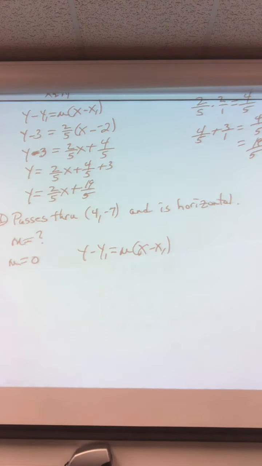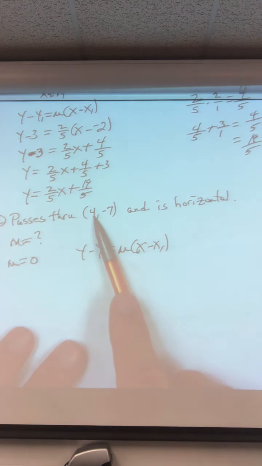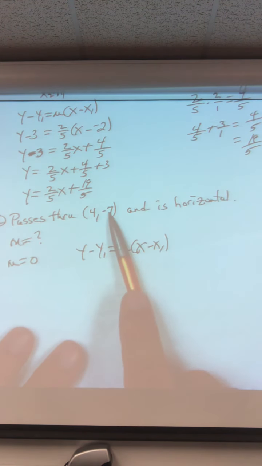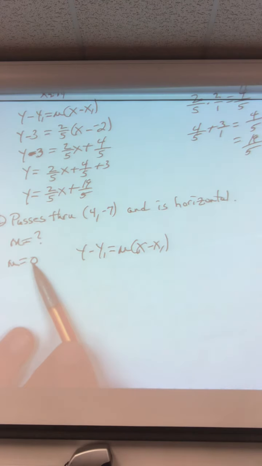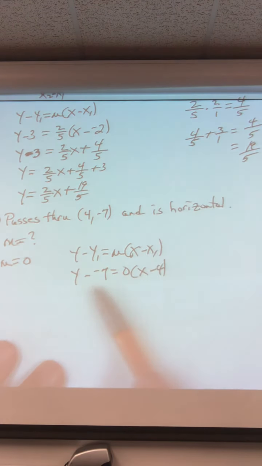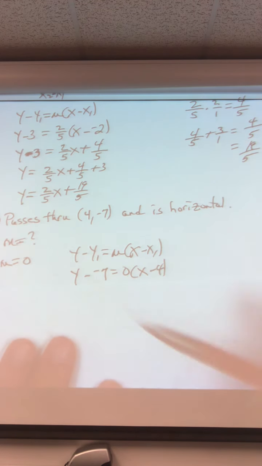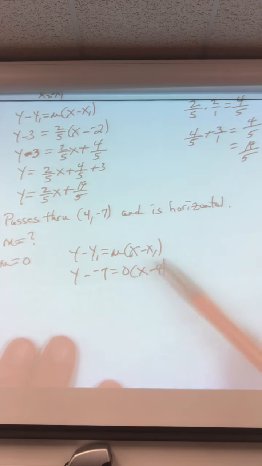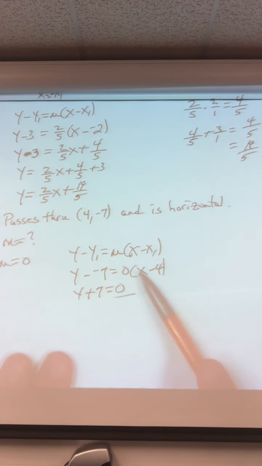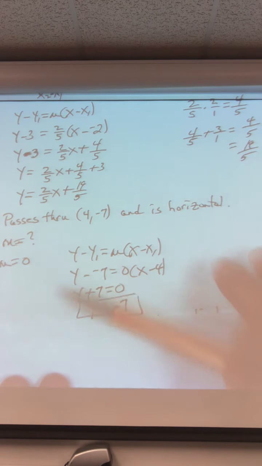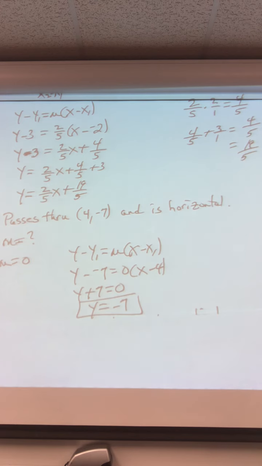Now I have the point, so I put this in for x1, this in for y1, and 0 in for slope. So it's y minus -7, which is going to be y plus 7, equals 0 times x minus 4. Distribute with the 0, it won't matter because 0 times x is 0, 0 times 4 is 0. So the whole right side goes to 0, so you get y equal -7.